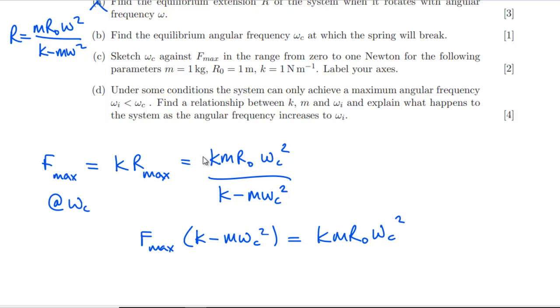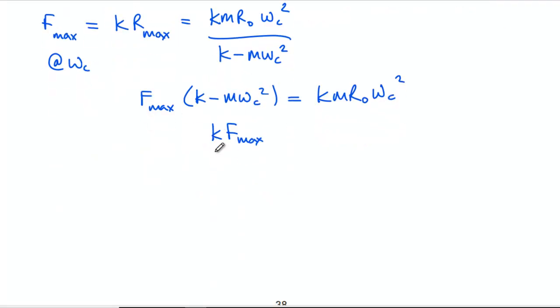We've got a K times F max. That's going to be what's left on the left hand side, and then we're going to have to divide by, we want the omega c squared on that side, so we've got to divide by a K M R0 and then a M F max.